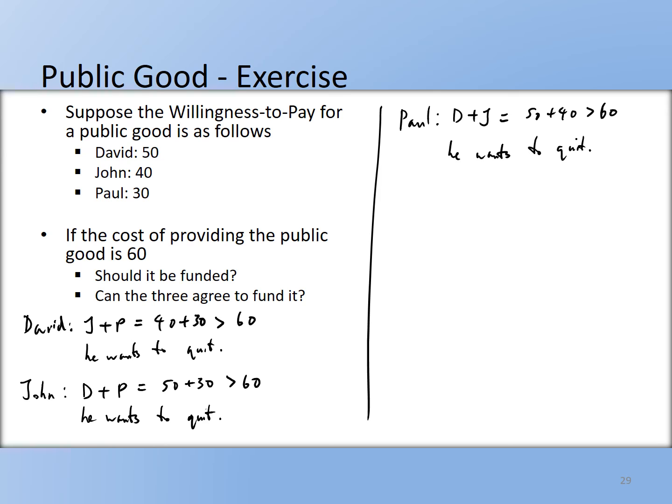So we have a very curious situation where when the cost of the public good is expensive, everyone agrees to participate and stick with it. But when the cost is low, everyone wants to quit. And what happens when everyone wants to quit? The public good will not be provided, right?